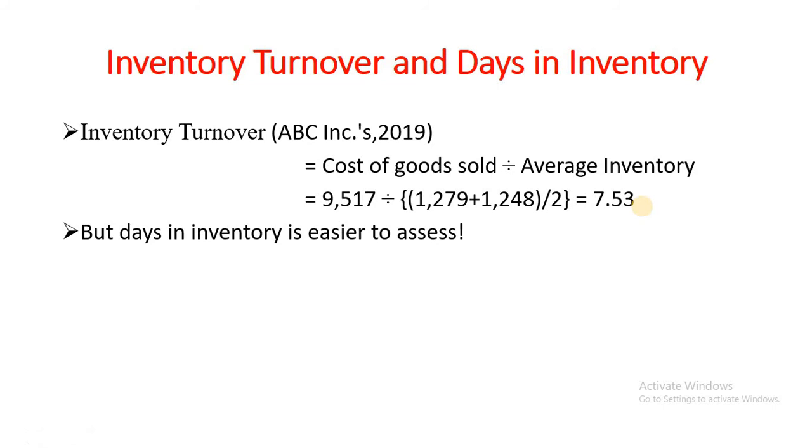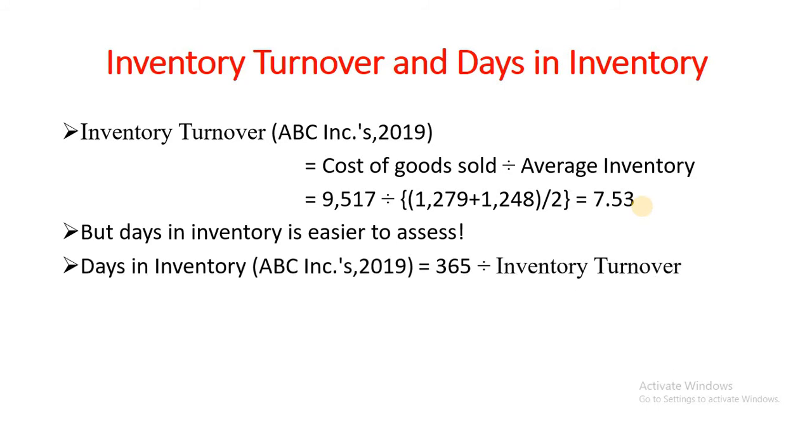And if we convert inventory turnover into days, it will be more meaningful. To convert the inventory turnover into days, we need to divide 365 by inventory turnover. Here inventory turnover is 7.53 times.